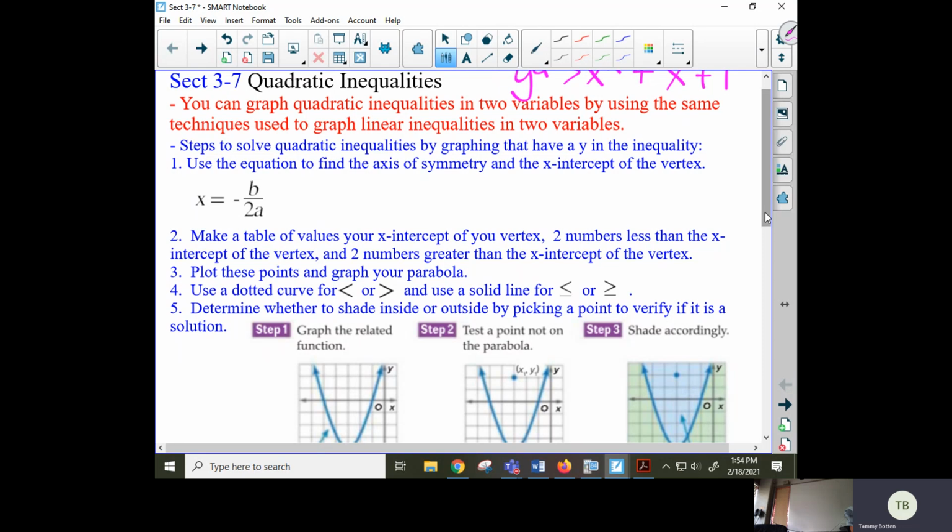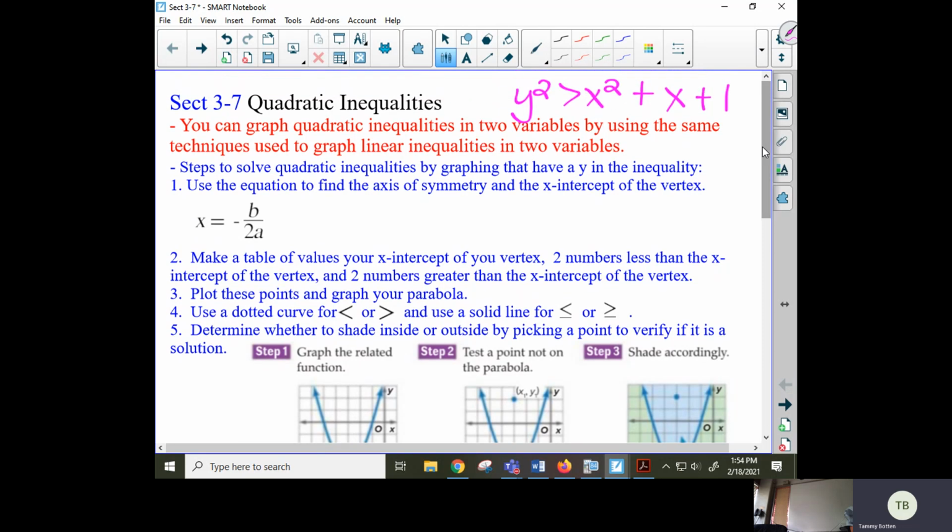So the first type that we're going to have today is where we have an inequality. Oh, and this y should not be squared actually. It would be like this. We're going to have an inequality that has a y in it. The second and third type is going to have a 0 in place of the y.